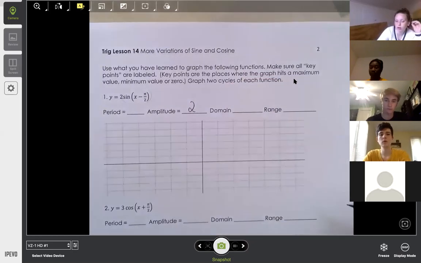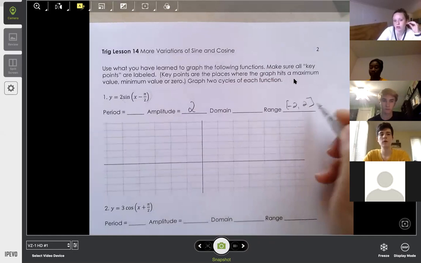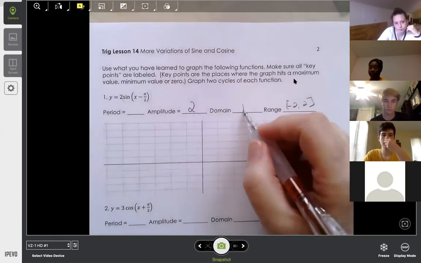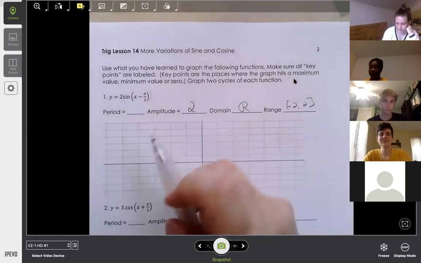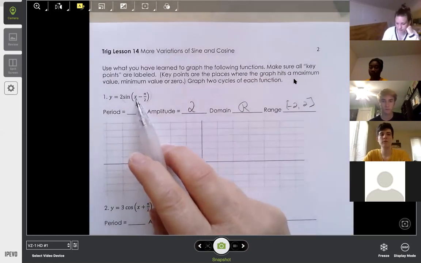So the amplitude is going to be 2. That means the function is going to go between -2 and 2. The domain is easy, guys. It's always all reals. What about the period? Do you think the period is changing any? Am I multiplying x by anything?